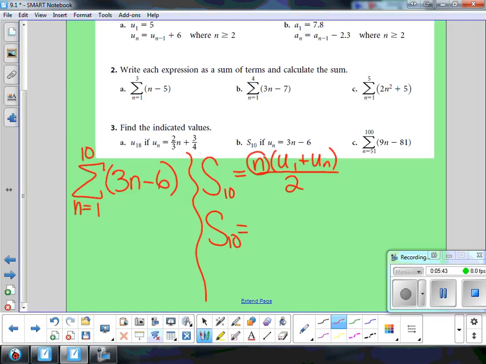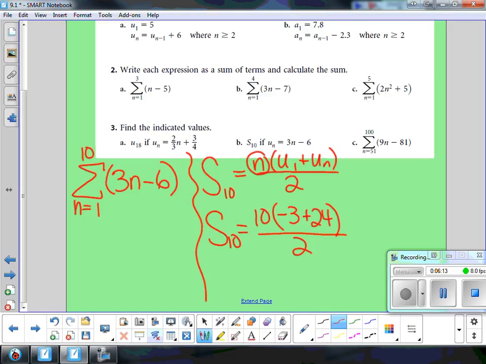Say 10. 10, okay? What is the first term when you plug in 1? We talked about it already. It's -3. Plus, what is the last term, which is U10? What would I get if I plugged in 10? 24. And then it's all over 2. Either of these methods should give you the correct answer, all right?